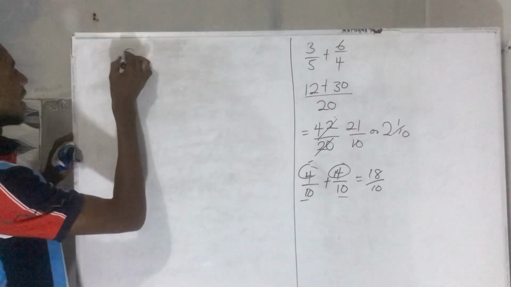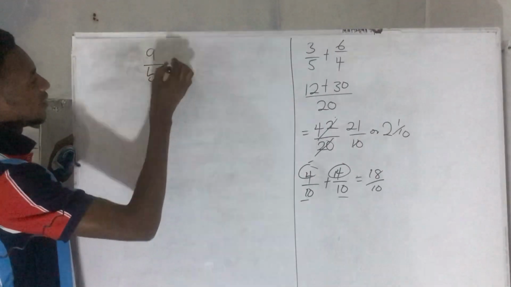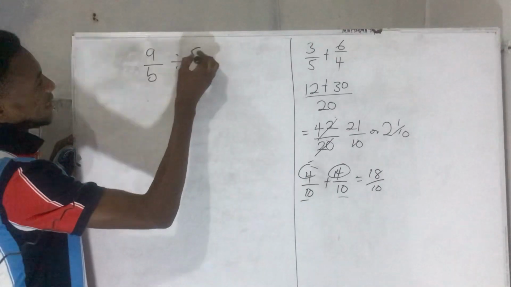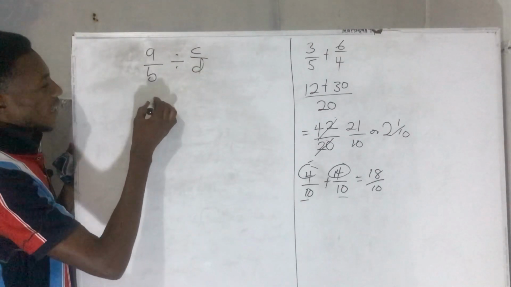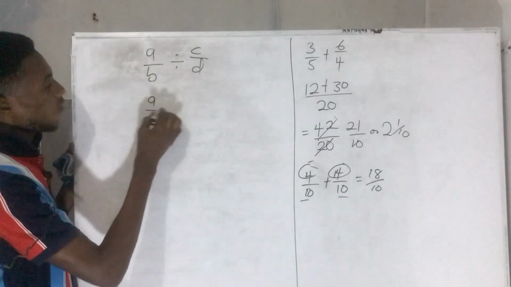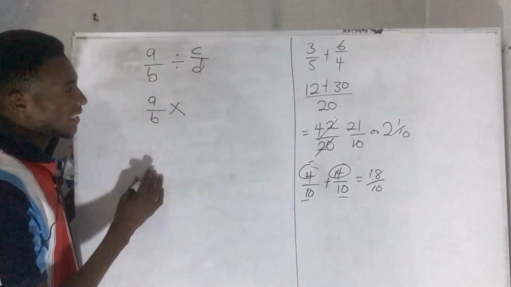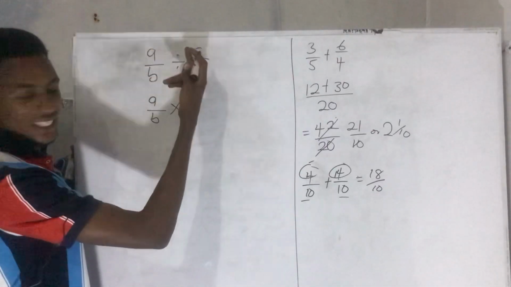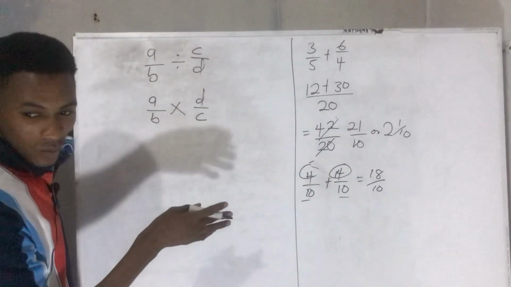Let's say we have a over b divided by c over d. You repeat the first one, a over b, then change the sign to a multiplication sign, then you reciprocate c over d to d over c.